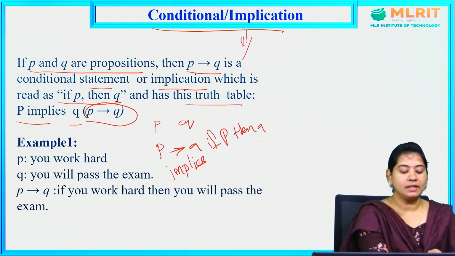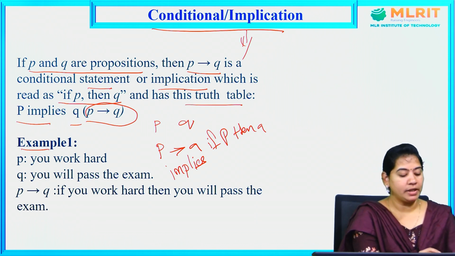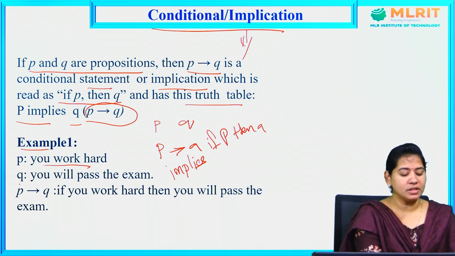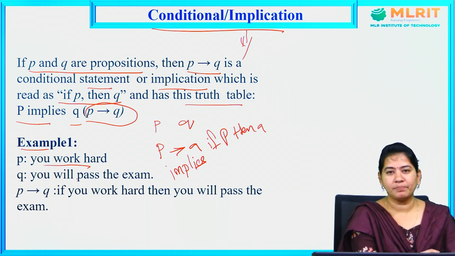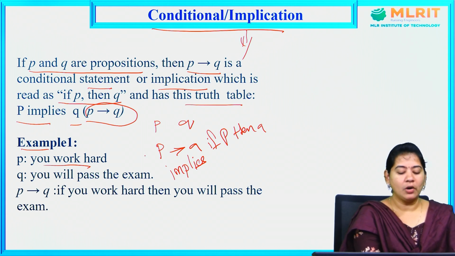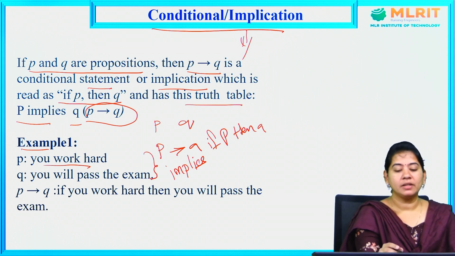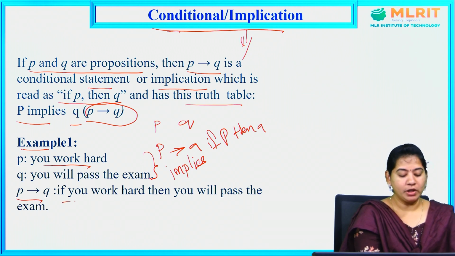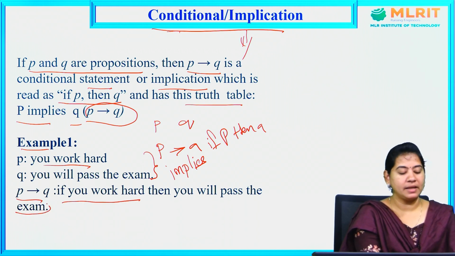Let us see a word example. Here P is the statement "you work hard", and Q is the statement "you will pass the exam". To combine these two statements using the conditional, P implies Q: if you work hard, then you will pass the exam.